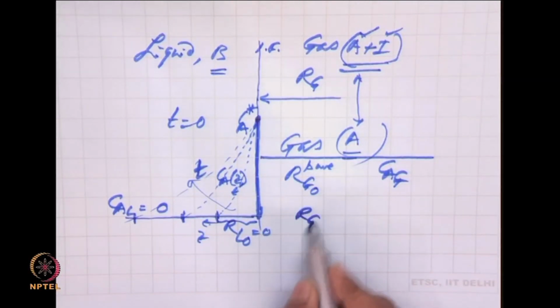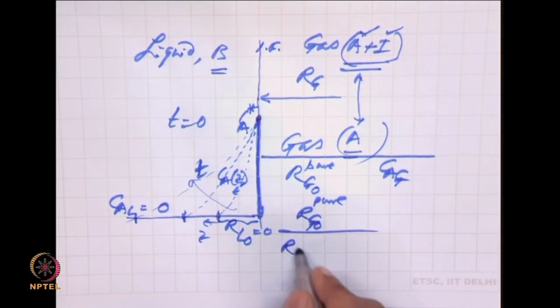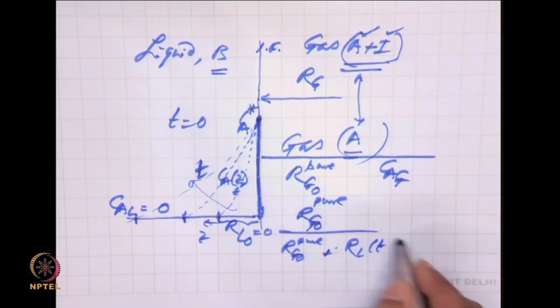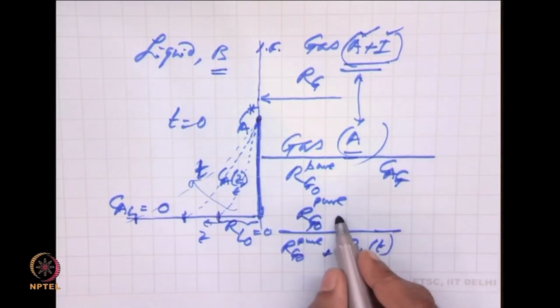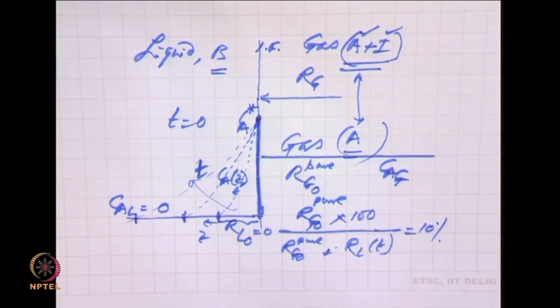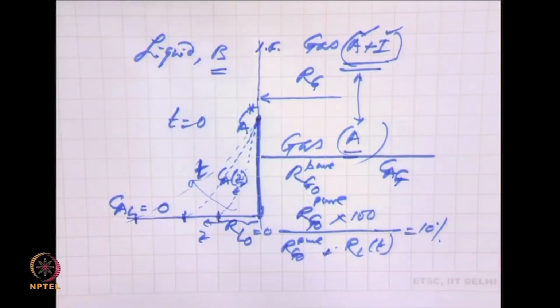If Rg0 pure divided by Rg0 pure plus RL, which is dependent on time, multiplied by 100, becomes 10%, the liquid phase resistance must be 9 times the gas phase resistance. So that the gas phase resistance is only 10% of the total. Then we could say that for that time and greater times, the gas phase resistance, as long as the gas is pure, will be an insignificant part of the total.